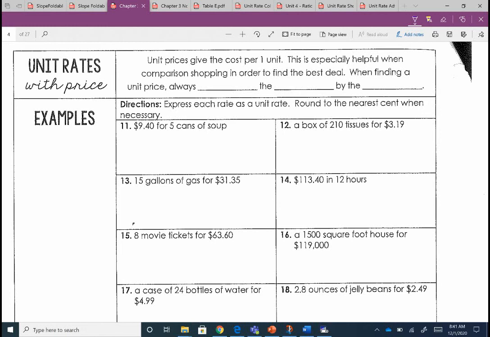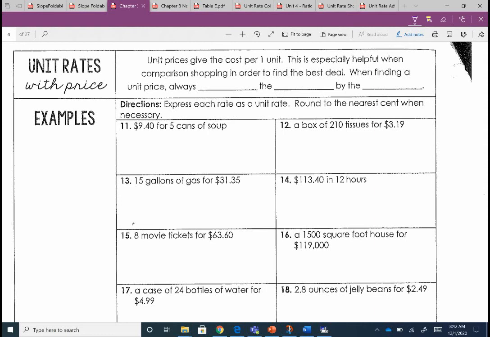So in order to see which thing is the better deal, you want to figure out how much you're paying for each individual thing. So with a unit rate, unit prices give the cost per 1 unit. If you have maybe a 12-pack of something, or 8 markers, or 24 bottles of water, this is especially helpful when comparison shopping in order to find the best deal.